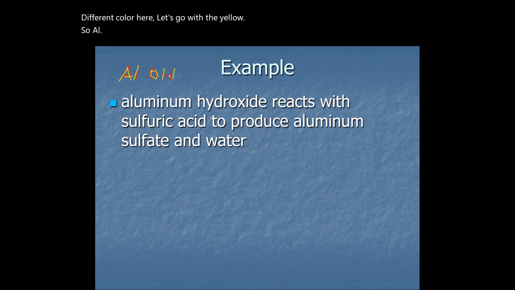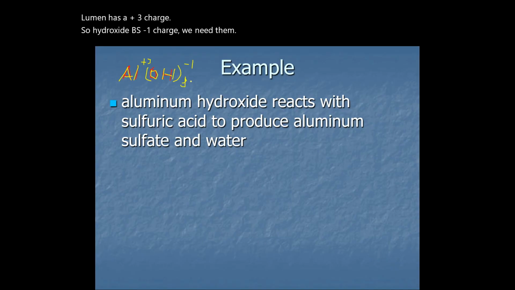Aluminum has a +3 charge. So hydroxide having a -1 charge, we need 3 of them.